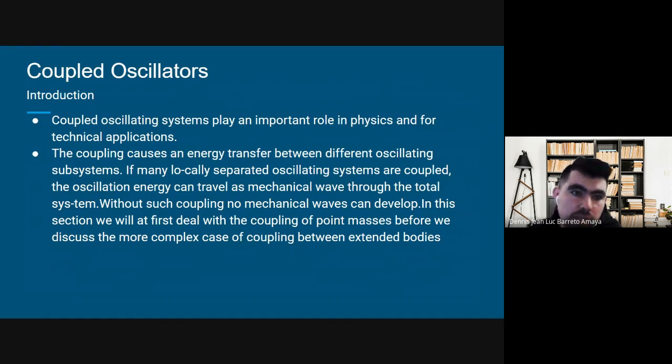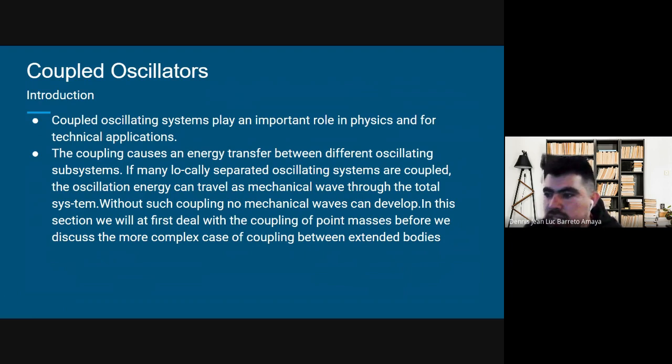Coupled oscillation systems play an important role in physical and technological applications. The coupling causes energy transfer between the different oscillating subsystems, as many local oscillating systems are coupled.